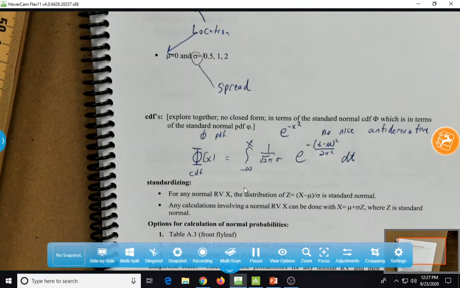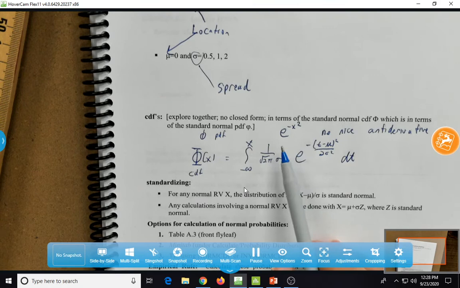Usually you put a z in here and then make this x, but the names of variables, at least when you compute them, are not so bad. So what we do is that there is no closed form.